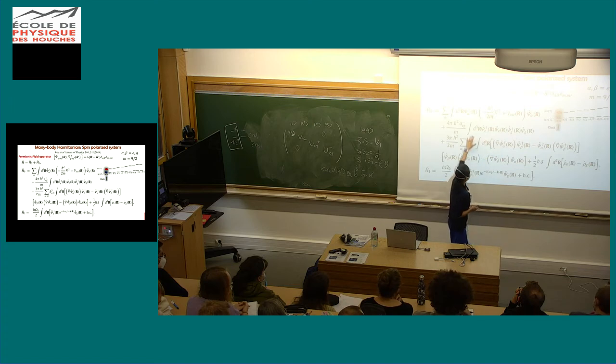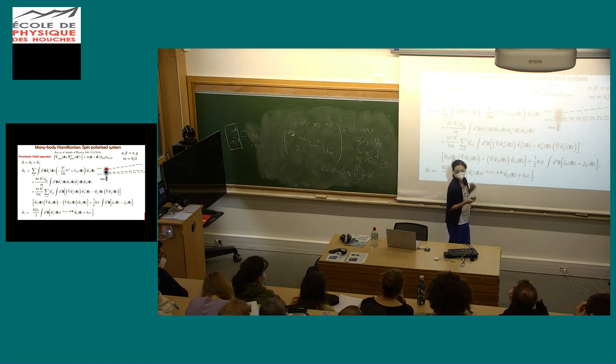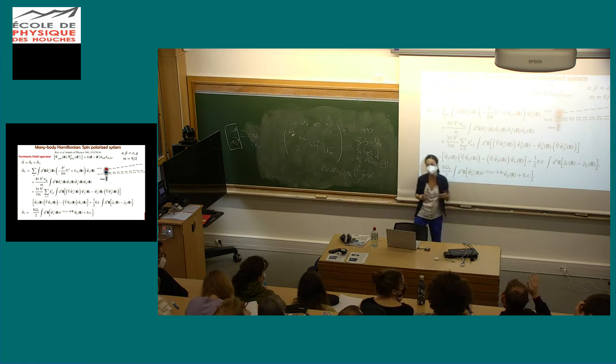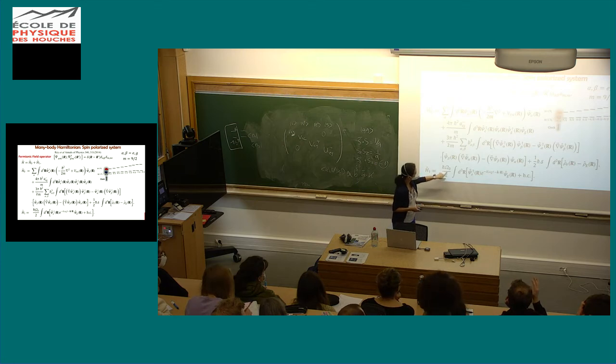So this is the S wave, this is the P wave, and sometimes, for example, I have a drive that promotes particles from the ground to the excited state. This is the S plus term, or sigma plus term, and then I have the characteristic k vector of the laser, the laser wave vector, and we can always go to the rotating wave approximation and change omega 0 to omega 0 minus omega laser, that is the detuning.